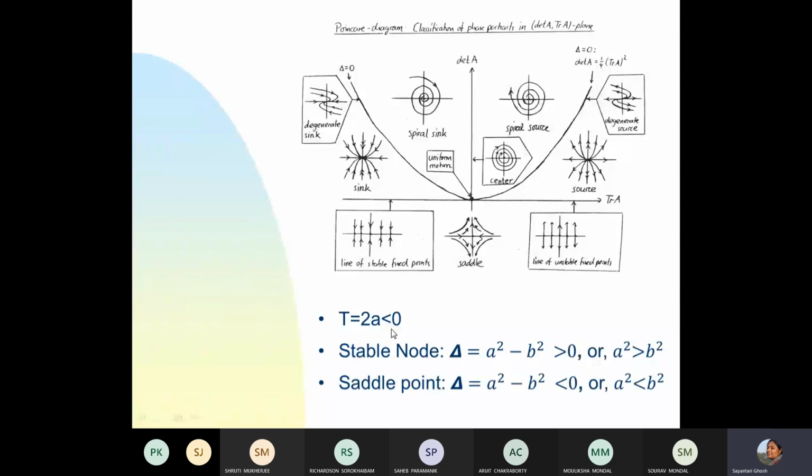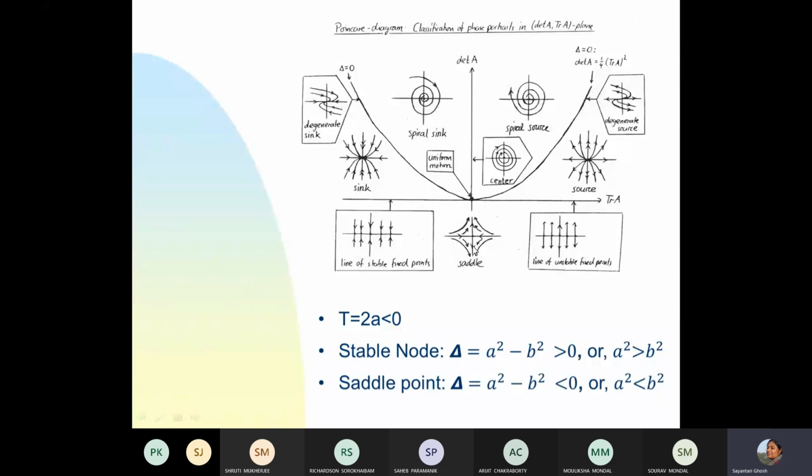T is less than 0. The stable node requires delta, which is A squared minus B squared, to be greater than 0. Then only can I have a stable node. If it is less than 0, then I am going to have a saddle point. So it depends on the value of delta whether I am on this side of the Poincare diagram or on that side.